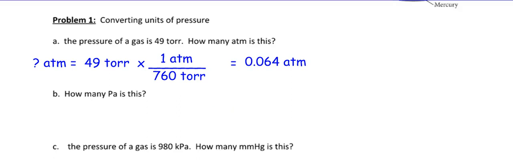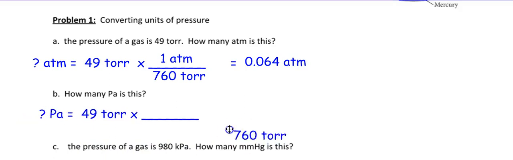Okay, so the question is, how many pascals is this? How many pascals is 49 torr? Well, like I said, what unit must go on the bottom is torr. You don't know a direct relationship perhaps with torr, but you do with atmospheres.